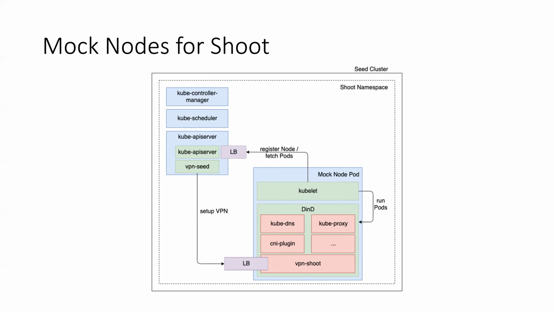And if we're running on a local cluster, we can't even create such load balancers. So this basically falls apart, and we don't need it anymore. And we can use a node port service for the VPN shoot. And the VPN seed sidecar can connect to this port on the pod because it's running on the same cluster.